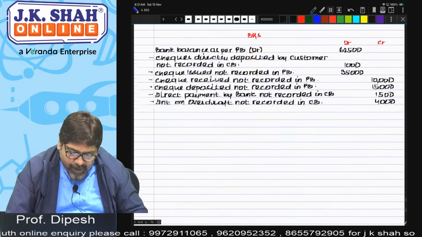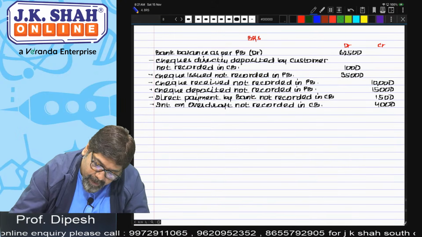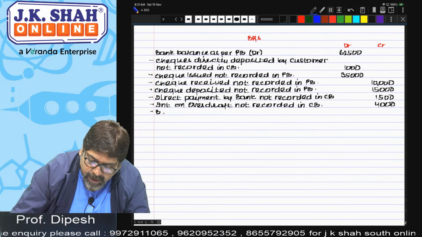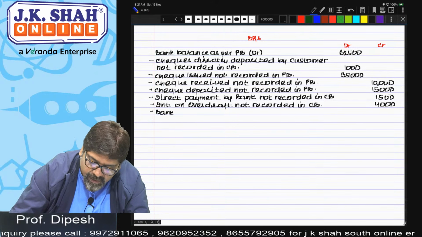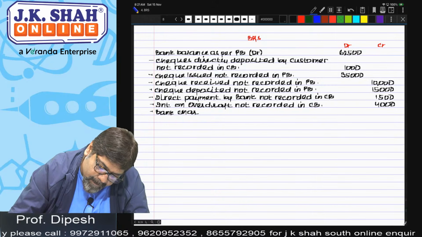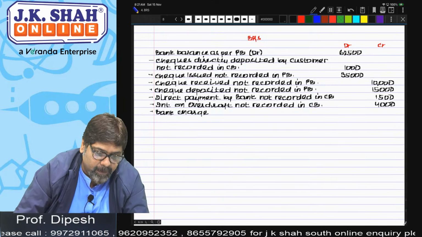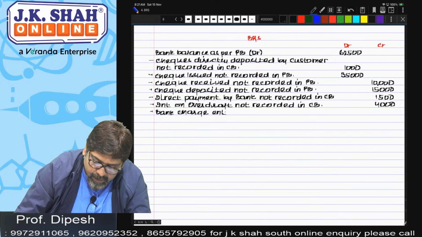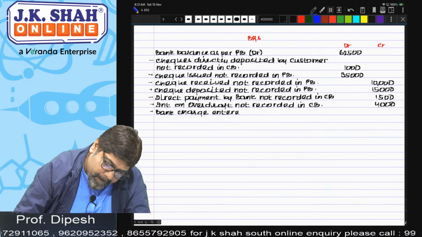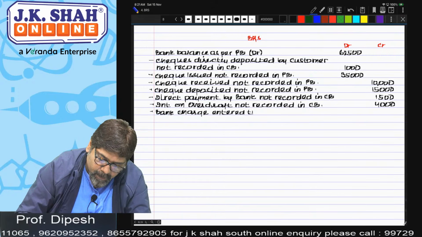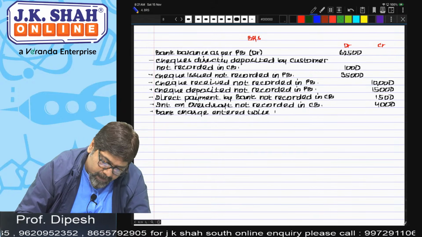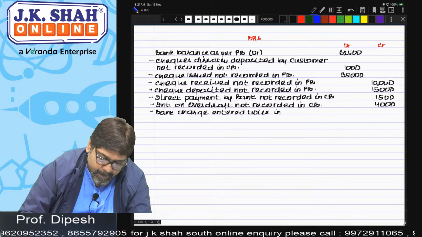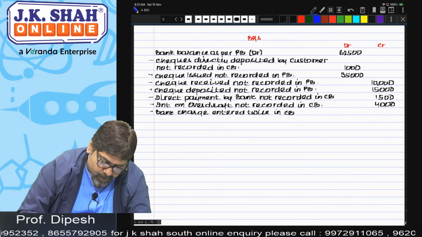So bank charges entered twice in cash book.